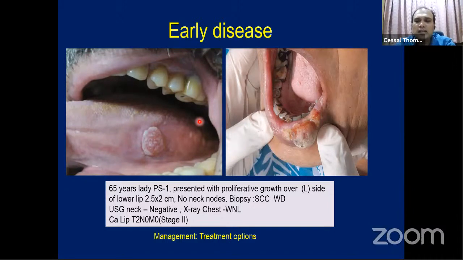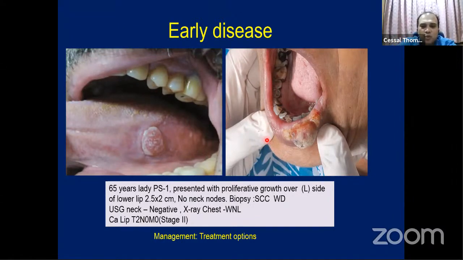Which modality is going to have a good functional outcome for these patients? There is no randomized data comparing radiotherapy and surgery in early oral cancer. All data are retrospective, so we have to take a wise decision for the particular patient. You should not compromise on local control, but at the same time you should have a good functional outcome.